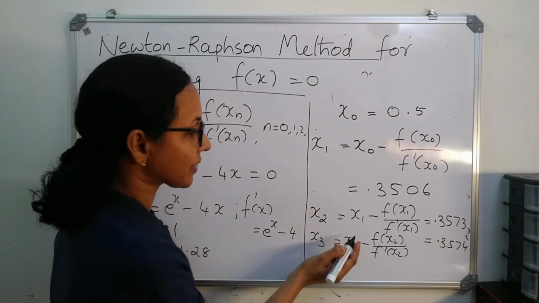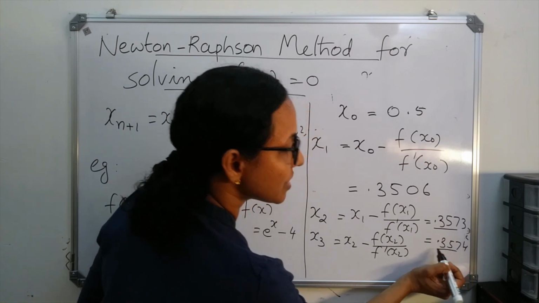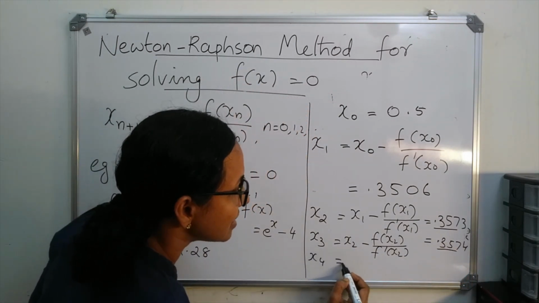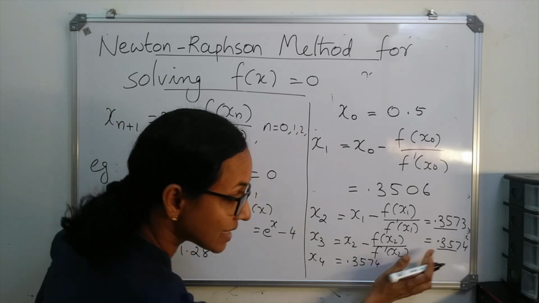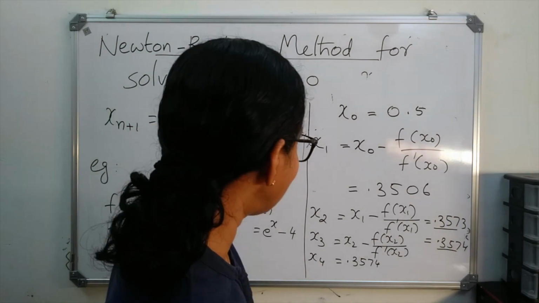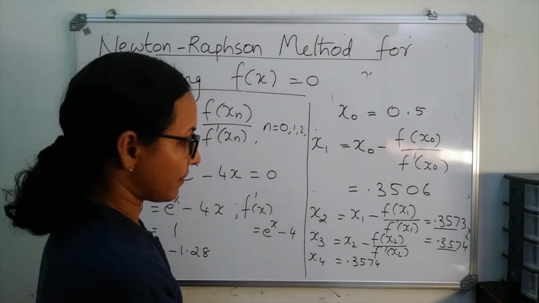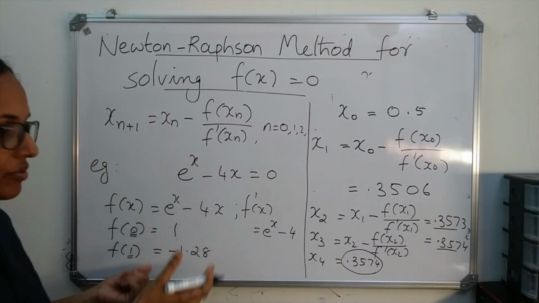Now you see these two are equal up to 3 places of decimals. Go for one more step, and you can see this is equal to 0.3574 again. You got the same value in both iterations. Therefore, we can say that 0.3574 is a root of this equation.